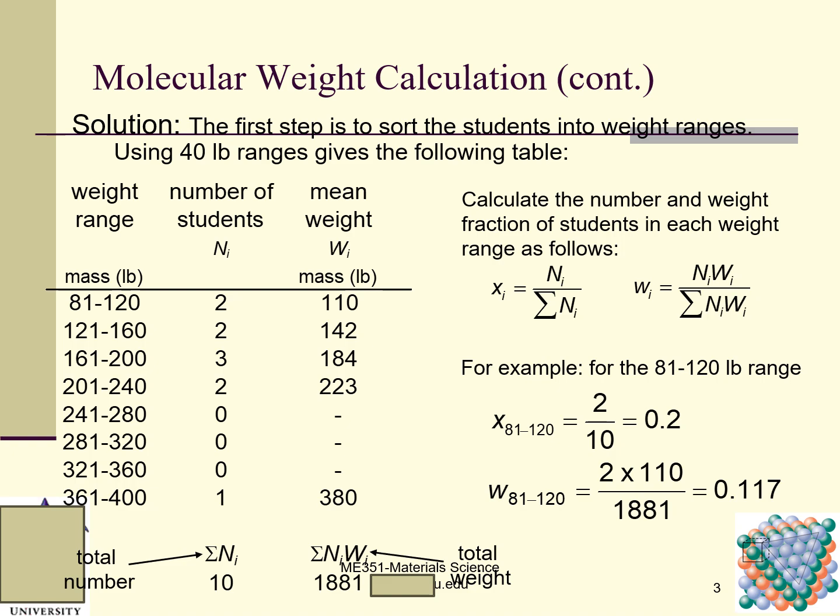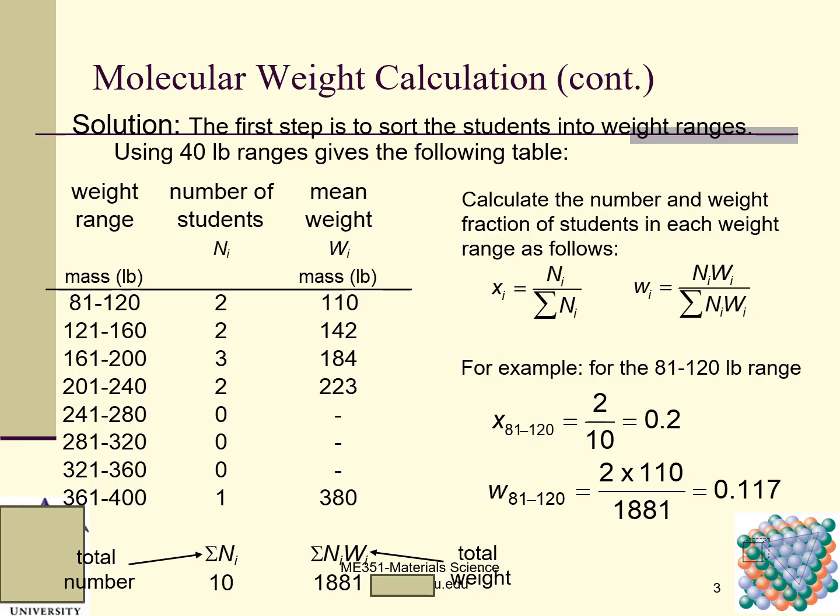This is the solution. The first step is to sort the students into weight ranges, using a 40 pound range, giving the following table. So this is the weight range, the number of students, and this is the mean weight for each of these weight ranges.